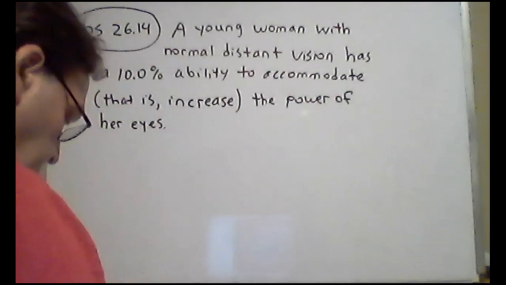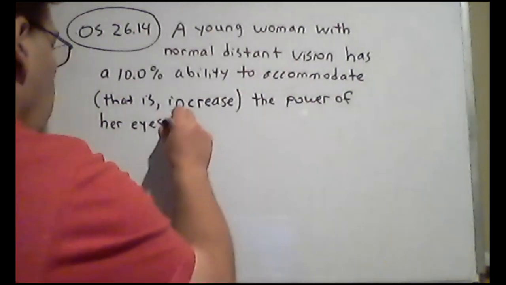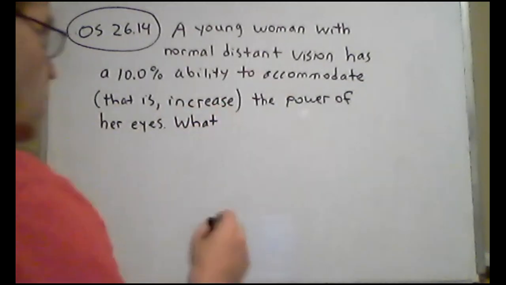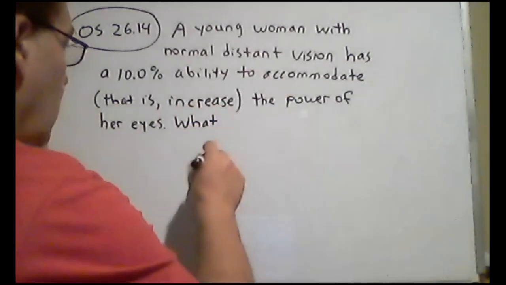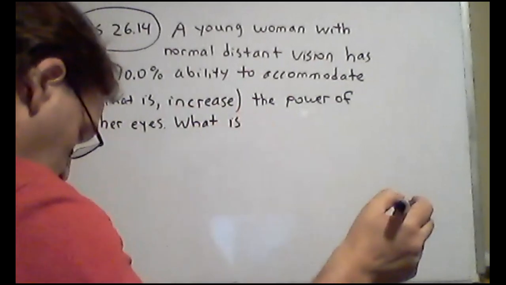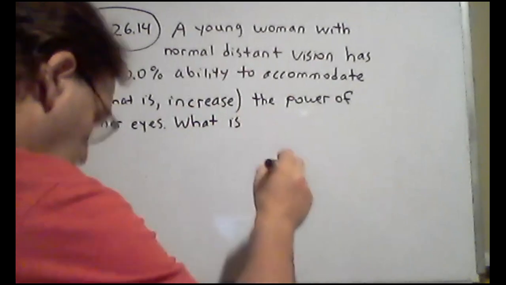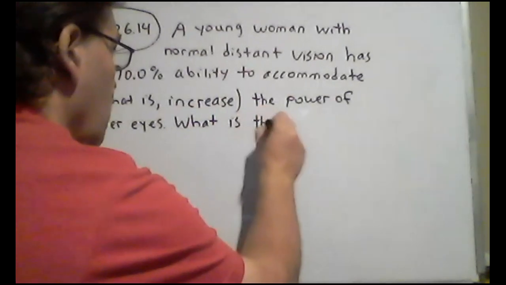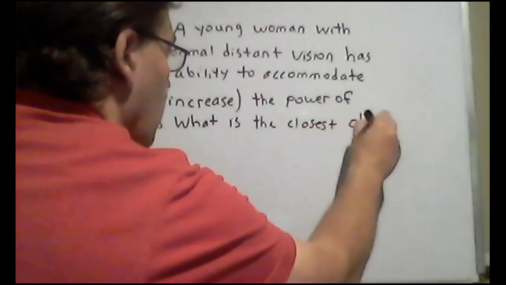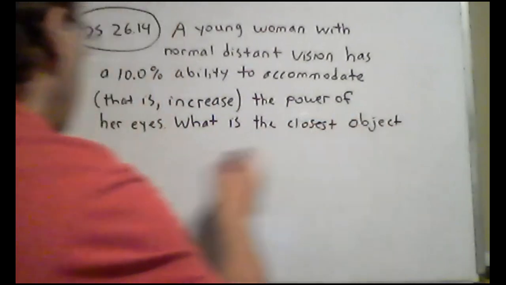What is the closest object that she can see clearly? So she must be very young, because 10% is pretty good. So what is the closest object that she can see clearly?